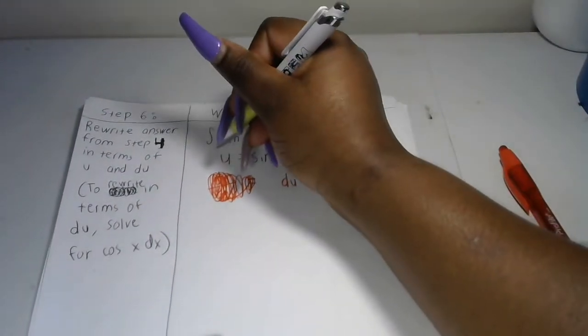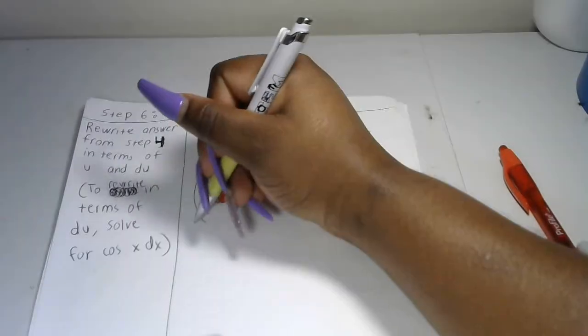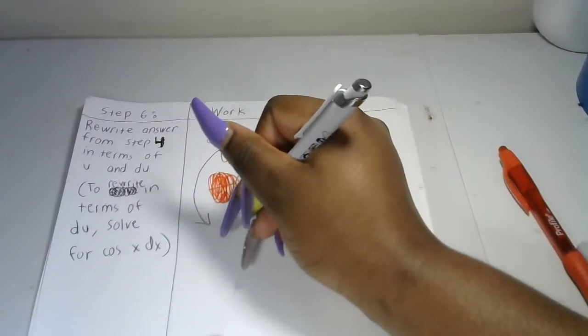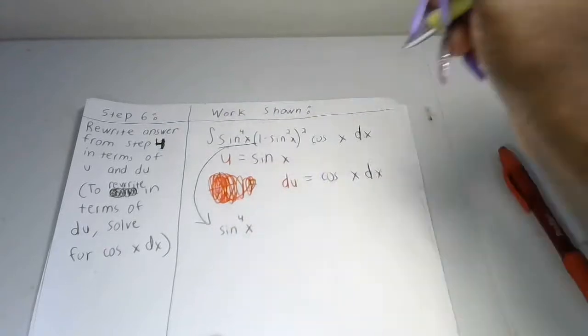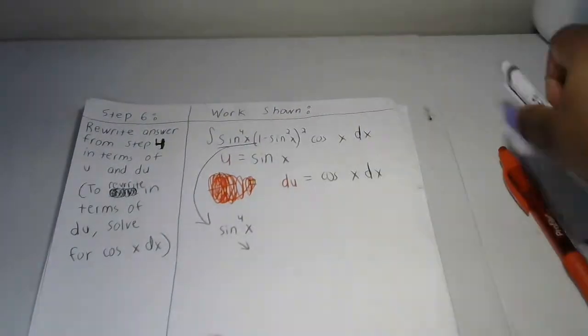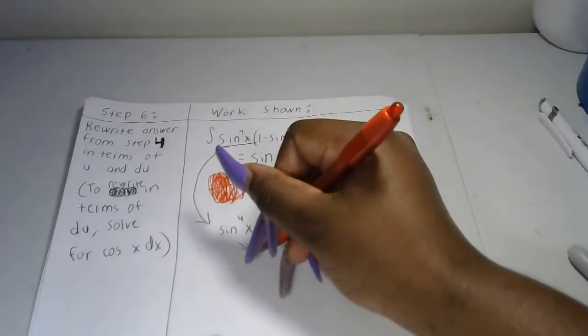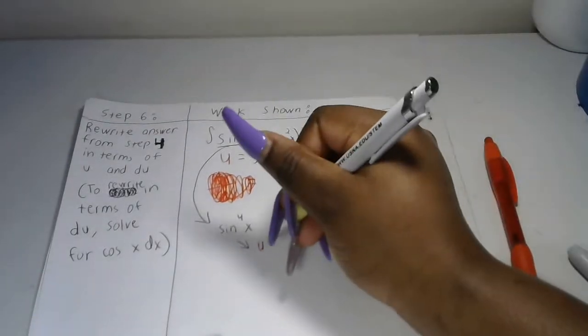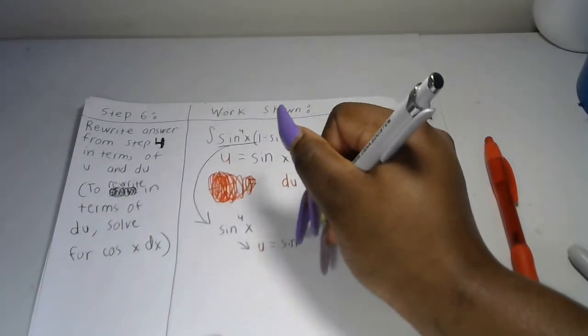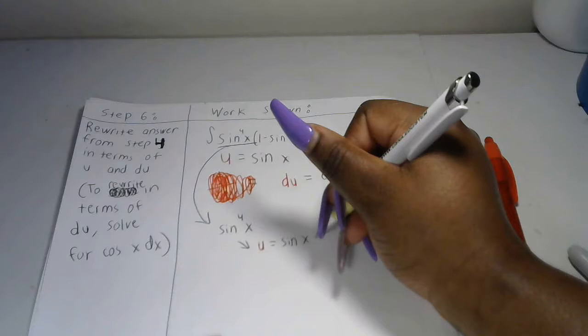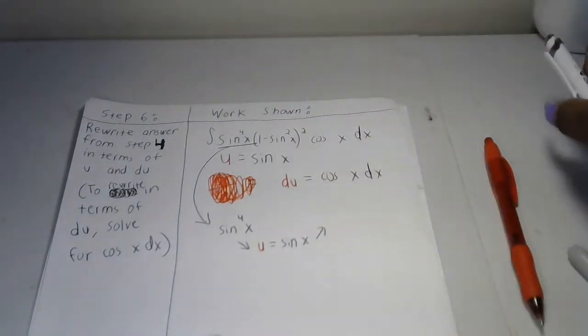Okay, so let's start with the first term. The first term is sine x to the 4th power. Like we said, u is equal to sine x. So everywhere we see sine x, we put u instead.